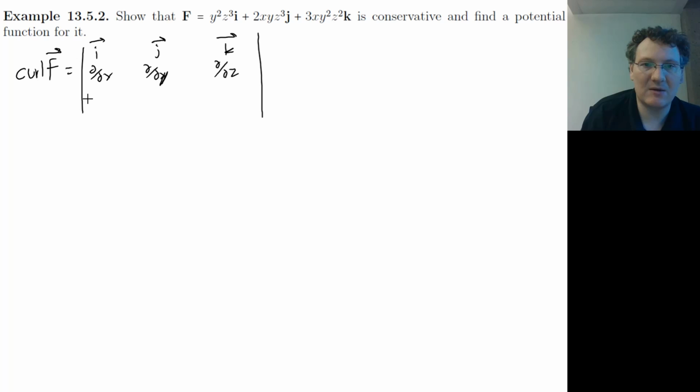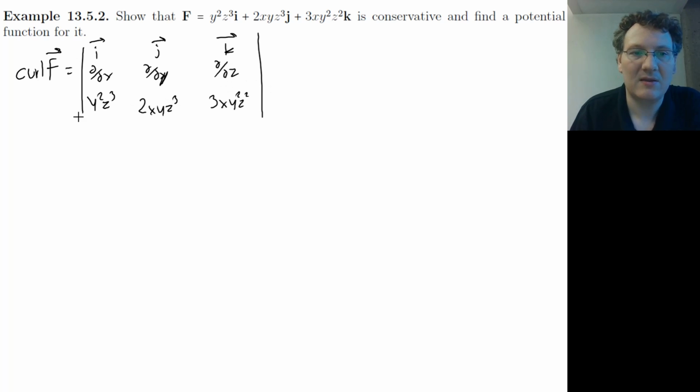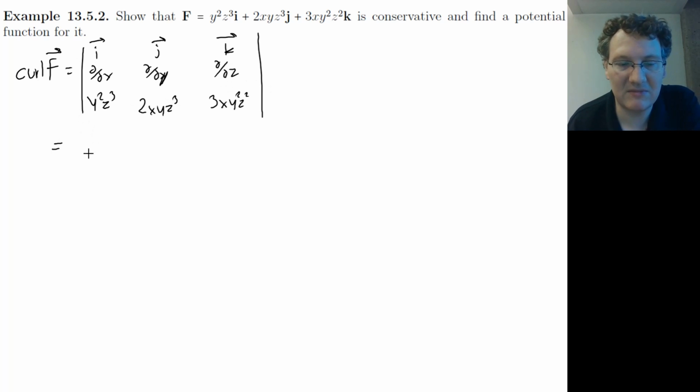And what we've got down below is y squared z to the third, 2xyz to the third, and 3xy squared z squared. The curl then evaluates, let's do it like this, to the i vector times the partial of 3xy squared z squared with respect to y.